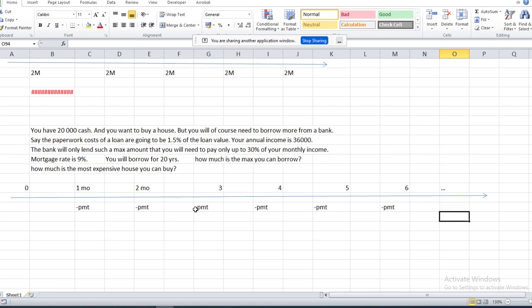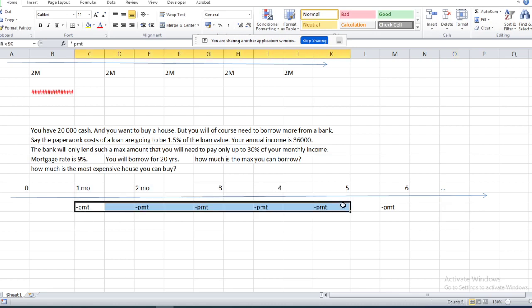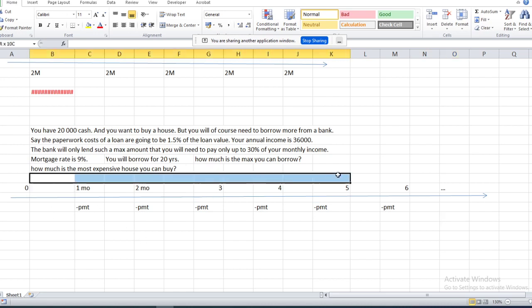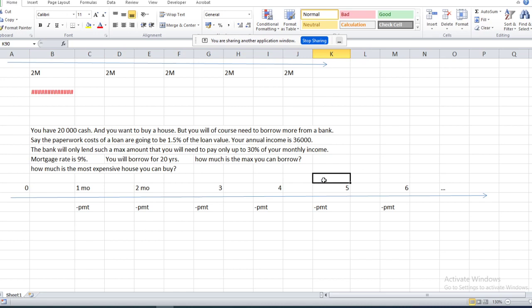FV: in addition to paying these regular monthly payments to the bank, at the end of 20 years, do you have to pay anything else? Hopefully not. So FV is going to be equal to 0. And the interest rate per year, okay, so the annual interest rate is 9%. Okay.